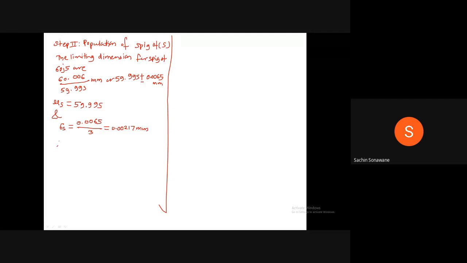Now step 3. Population of interference. Therefore, mu I is equal to mu s minus mu r, which is equal to 59.995 minus 60.0095, which is equal to minus 0.01 mm.